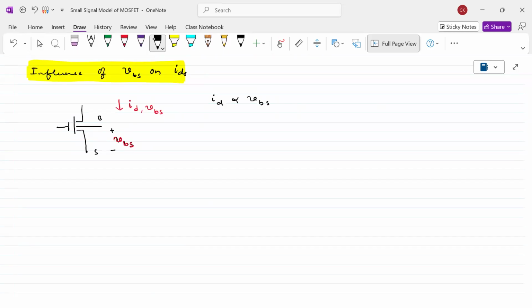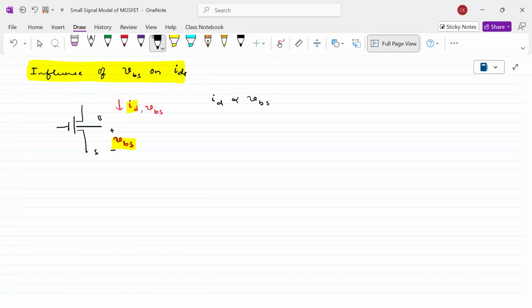Here also you can see one is at one port, one side, another is at another side. It is also just like a conductance, a transconductance. But this conductance we normally call the body transconductance.